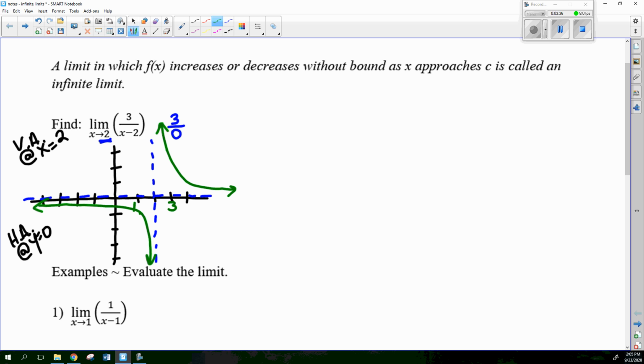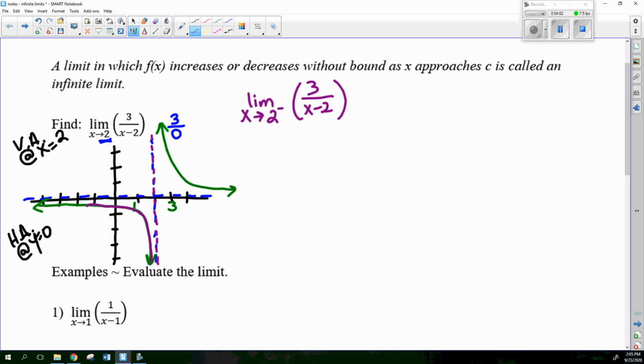All right, so let's look at the limits from the left and the right. If I ask you for the limit as x approaches 2 from the left of this function, I still have to find where x equals 2, but it's an asymptote. That doesn't matter because I'm approaching 2 from the left.